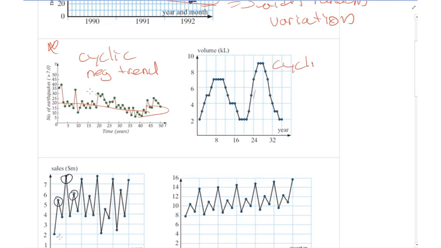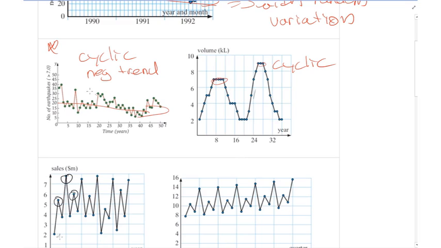So cyclic. All right. And the reason we say cyclic and not seasonal is that you're looking at where this is occurring, and it occurs at the eighth point, and then it goes for 5 points there, and there's only 3 here, so it doesn't match, it's not happening at the same time.